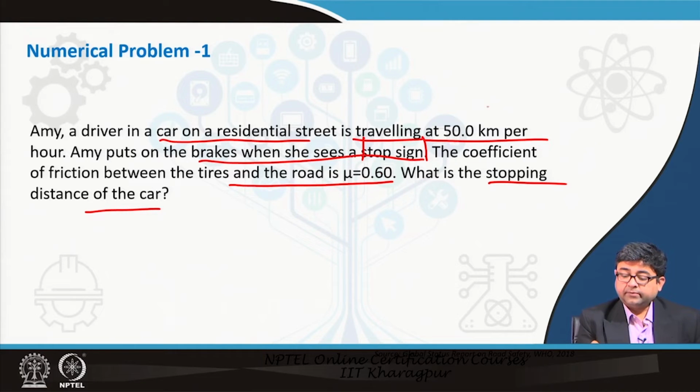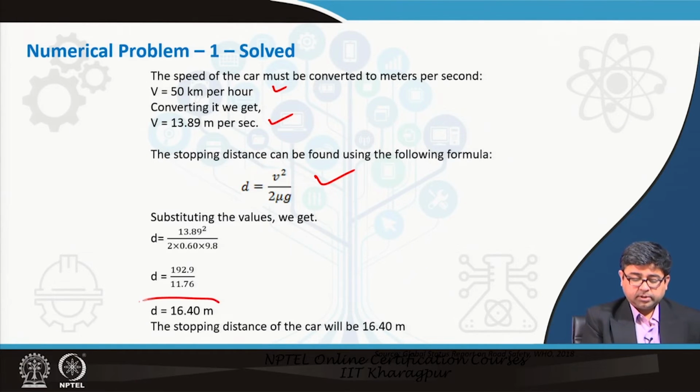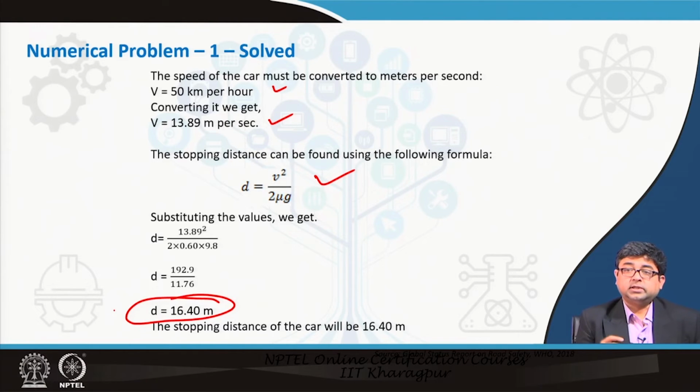Now, she is traveling at a very high speed with this kind of coefficient of friction. How much distance will it be before she is able to bring her car to a full stop? If you just convert this into meters per second and put it in this formula, you will see that 16.4 meters is the required distance.